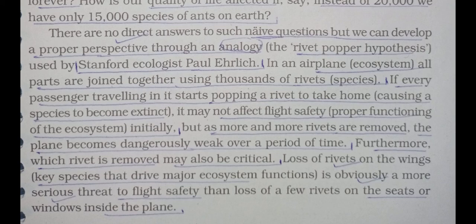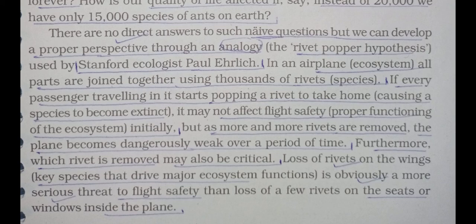If every passenger traveling in it starts popping a rivet to take home, which causes a species to become extinct, it may not affect flight safety initially, meaning the proper functioning of the ecosystem, but as more and more rivets are removed, the plane becomes dangerously weak over a period of time.